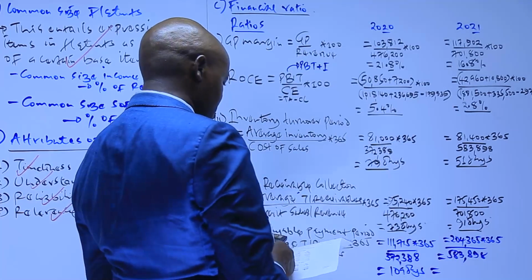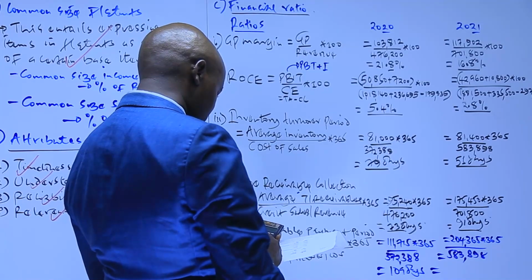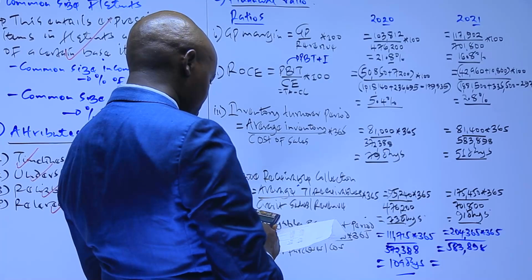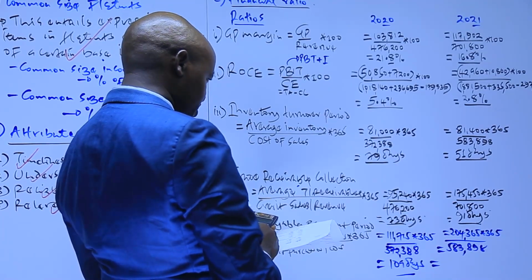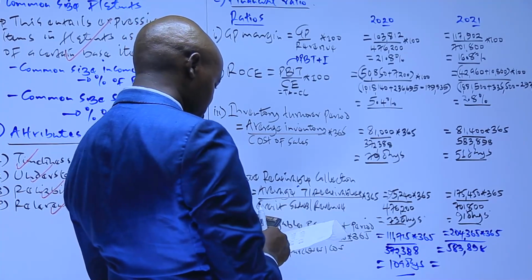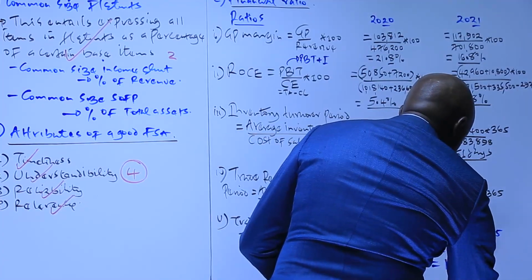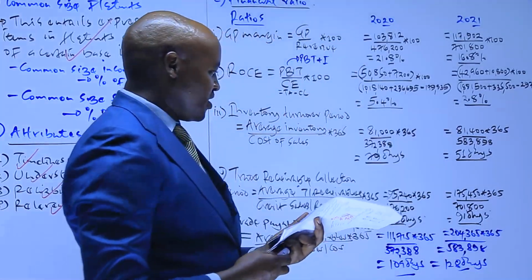And then finally we have 204,365 times 365 days divided by 583,898. So this will give us 128 days. Yes, so that is it.